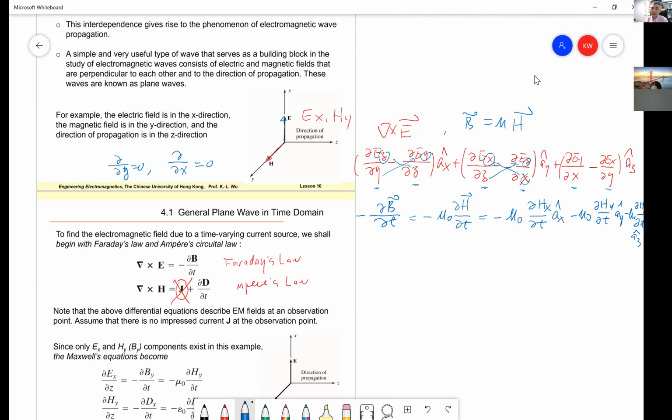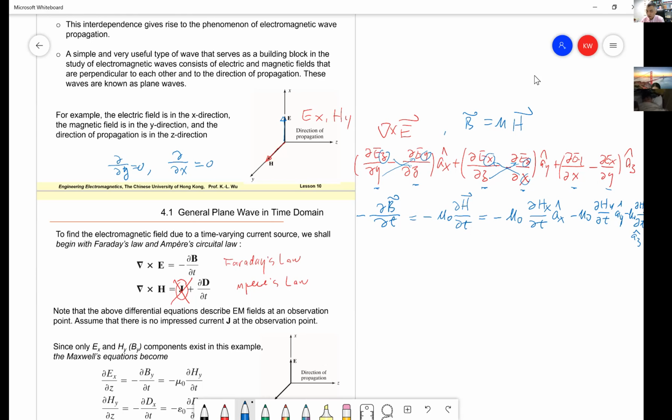So these two conditions need to be satisfied. That means the solution will not be a function of x and y, but it is still polarized in x and y, right?